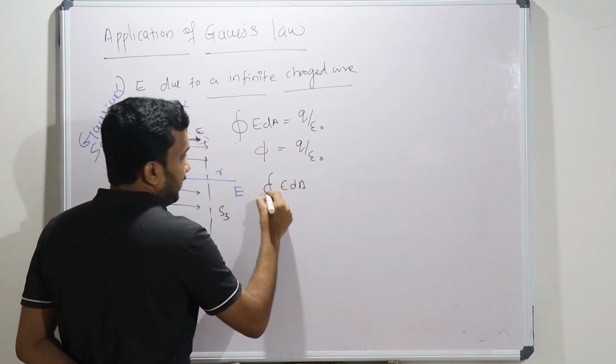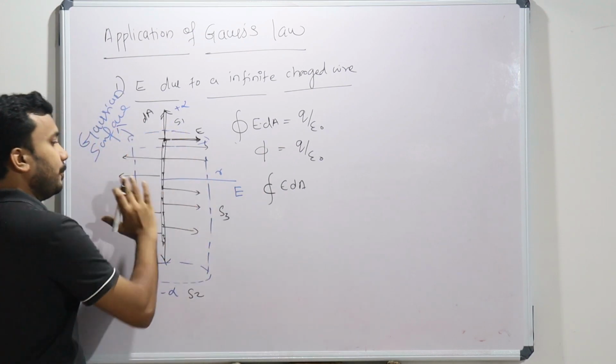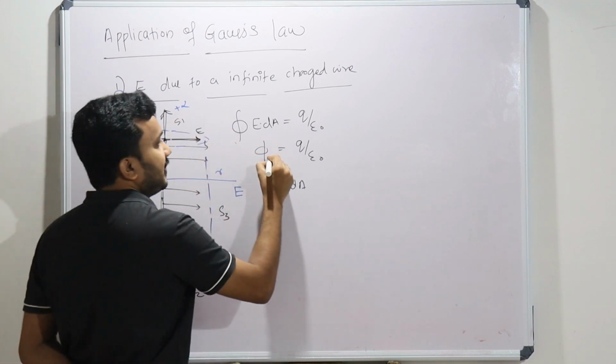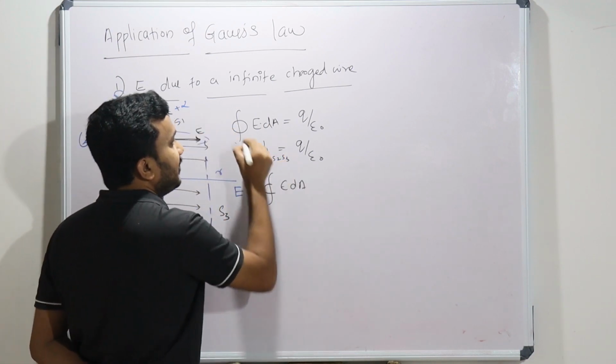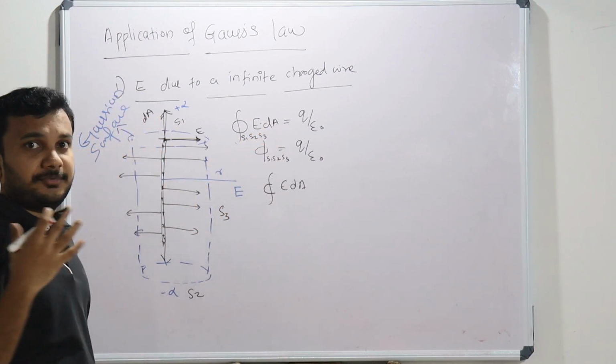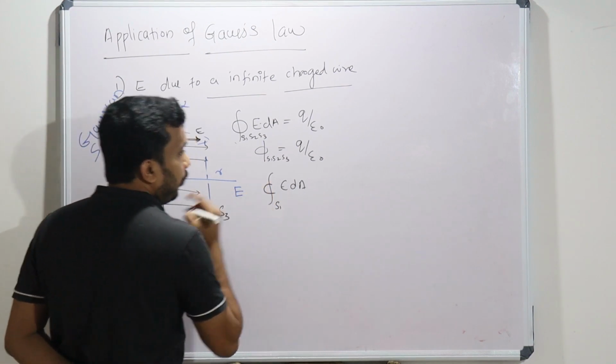Now I am considering this as an open integral, because for one plate, S2 is open, and S3 is open. S1, S2, S3 all together will form a closed path. Here we have only one surface, S1, so that is open.